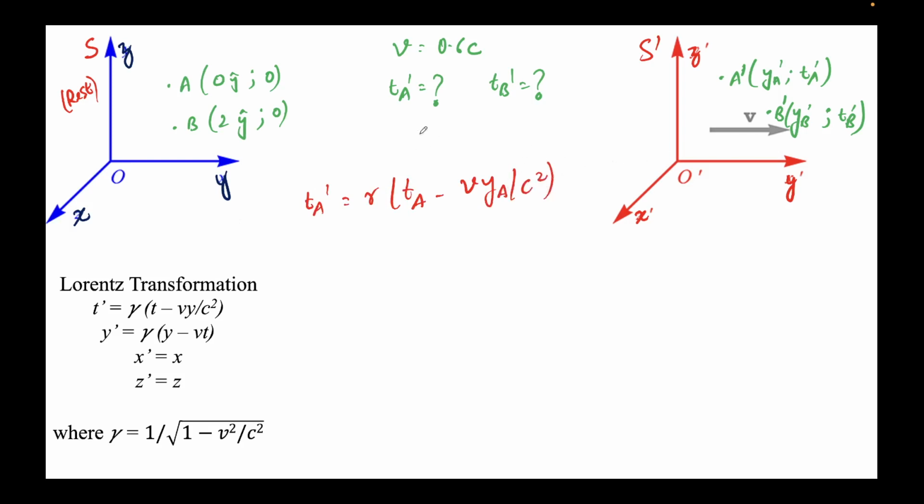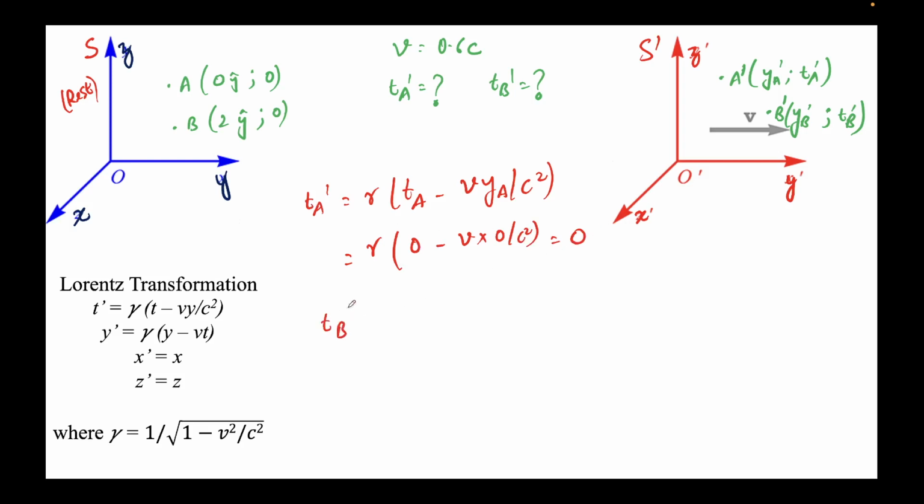Note everything is happening in y in this case, and x and z remain unchanged, while only t prime and y prime will change. The time coordinate of event A in frame S is 0, and yA is also 0, so this comes out to be 0 minus 0, which is 0. So the timestamp tA prime is 0.